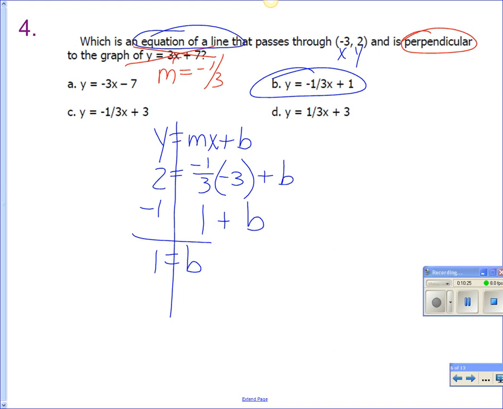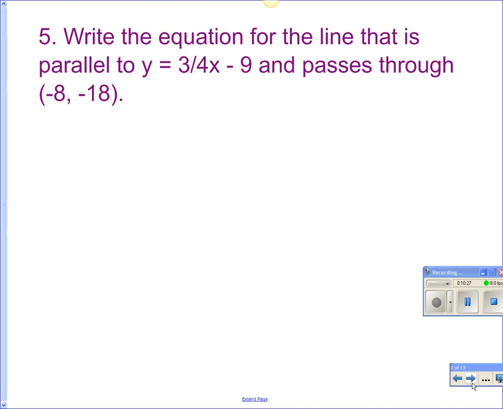Okay. Number 5, write the equation for a line that is parallel to y equals 3/4 x minus 9 and passes through -8, -18. Andrew, something to do first. Got something I can circle, Andrew? Okay, what is that formula, Andrew?